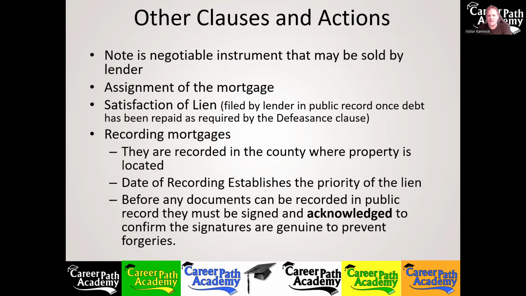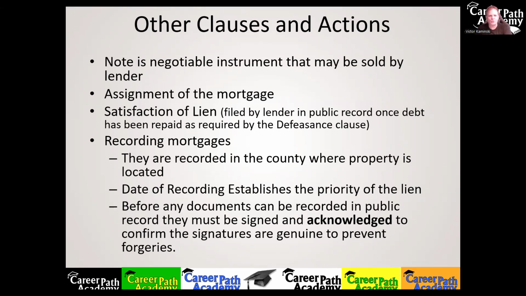So, what is an acknowledgement? An acknowledgement is a verification of who is signing a document. The purpose is to prevent forgeries. So an acknowledgement could be that you get the documents notarized.